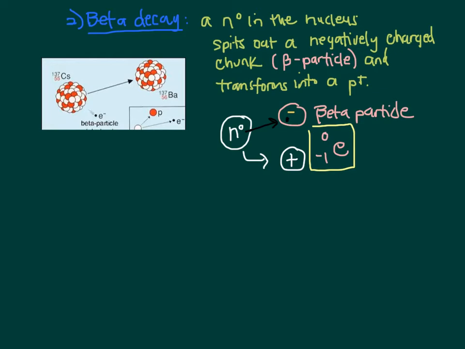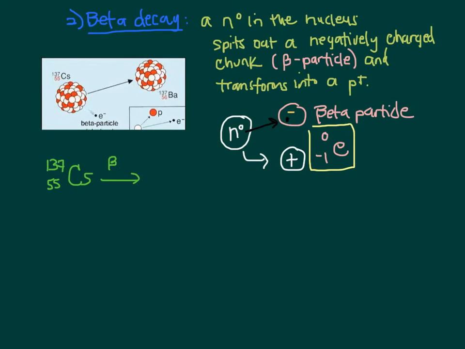So for this example that I gave you, let's write an equation for the beta decay of cesium-137. Of course cesium is number 55 on your periodic table. So it's going to shoot out, sorry, not an alpha particle, a beta particle.